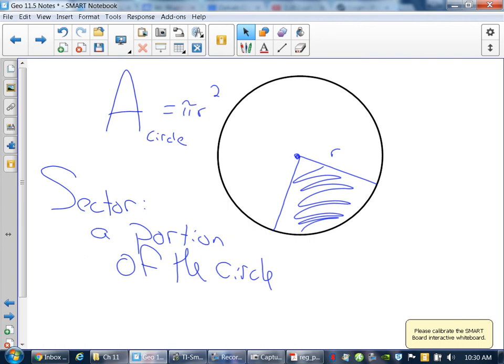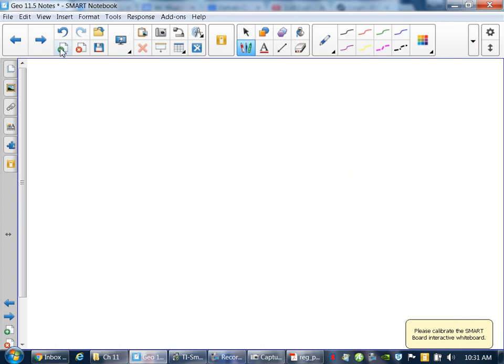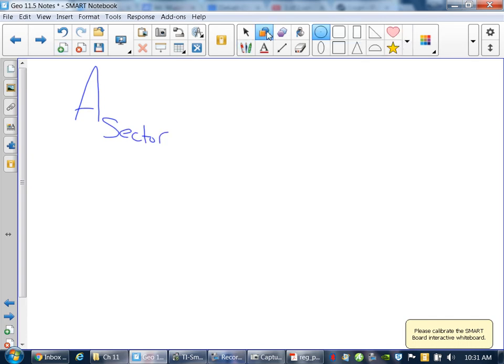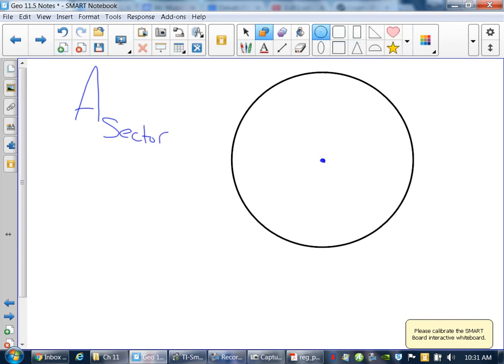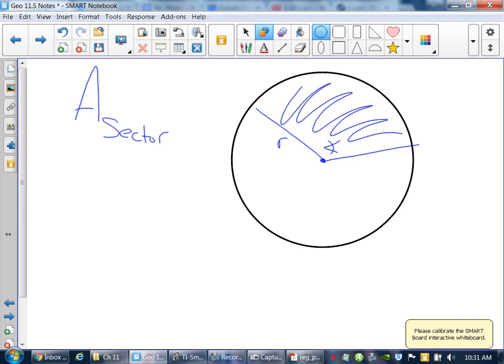Okay? So this area of a sector, that portion, that wedge, is just going to be whatever the central angle is over 360, that fractional amount, times the area of a circle.